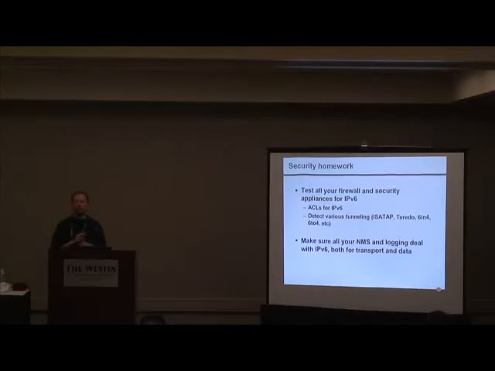And the other piece is make sure that all of your own monitoring and logging stuff handles it. Do you have Perl scripts that grovel through your syslog files? Do they have fixed data sizes in which you stick IP addresses that are 32 bits long? Because they'll probably be unhappy with 128 bits.